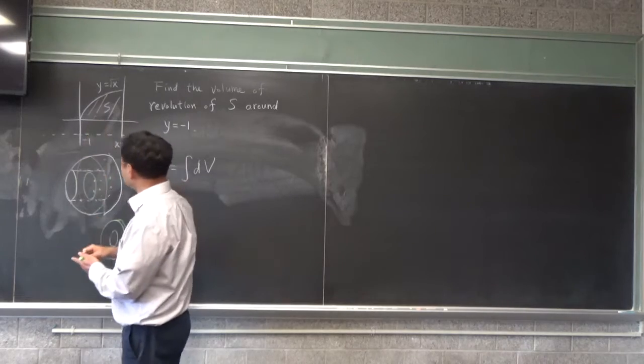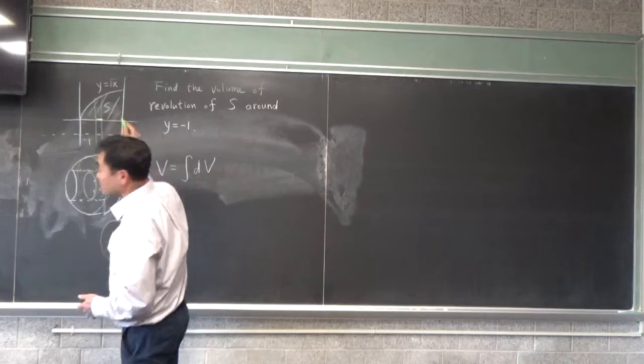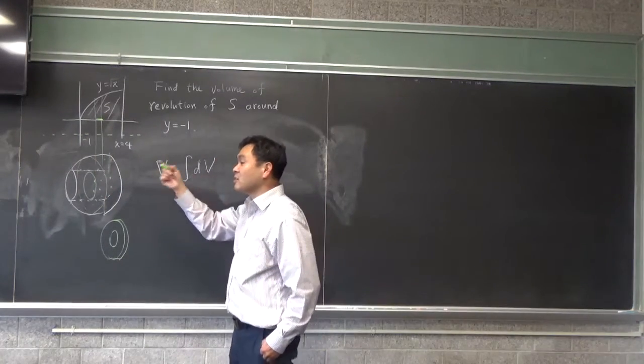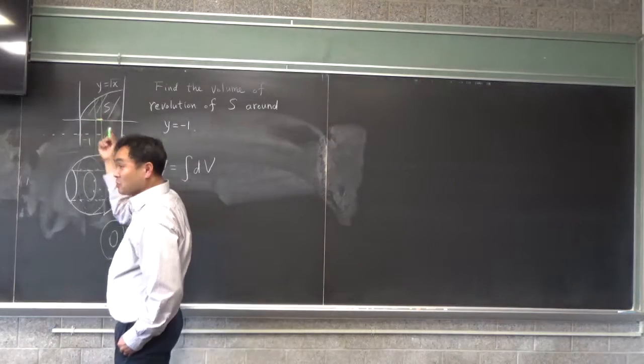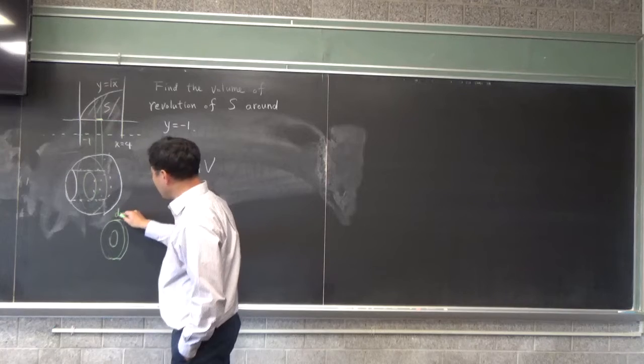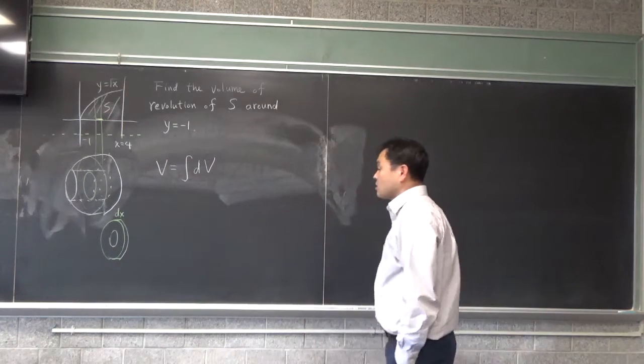It's this way, right? So what is this? dx. dx is an infinitesimal increase in the x coordinate, right? So this here will be dx. So dx is going to be our thickness that we attach.